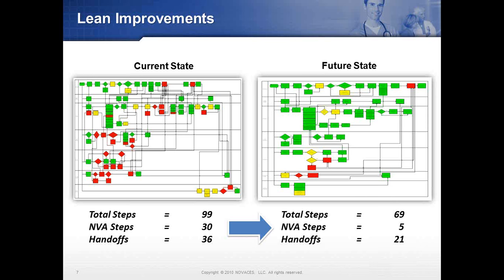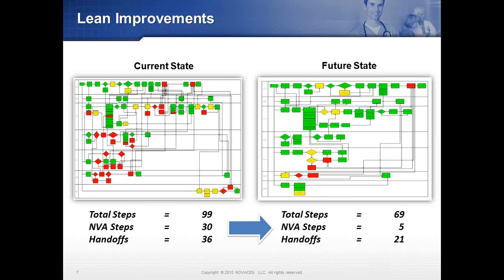The future state, the one on the right, is the designed new process at the end of the VSA. So you can see that the number of total steps was reduced significantly. The number of non-value-added steps was reduced hugely. The only thing that they were not able to fix here was they had not at this time fully implemented their CPOE, their computerized physician order entry, which they have since implemented.